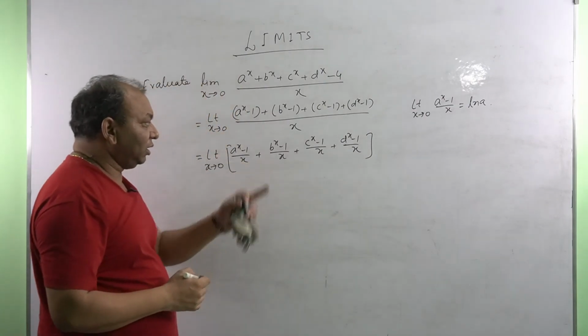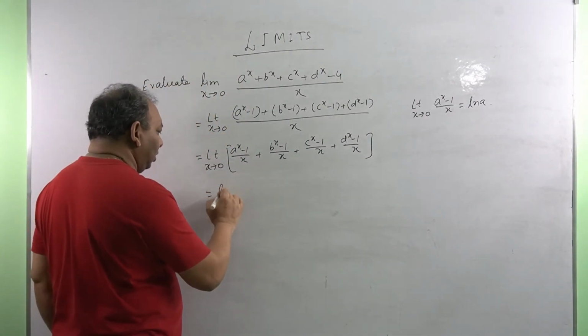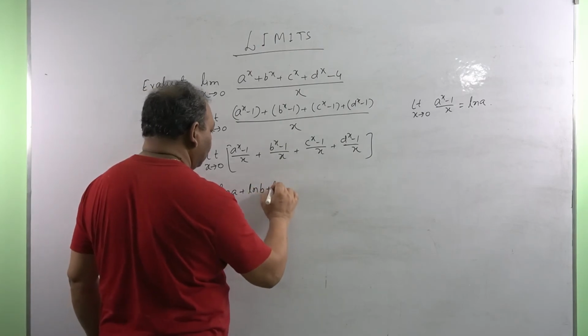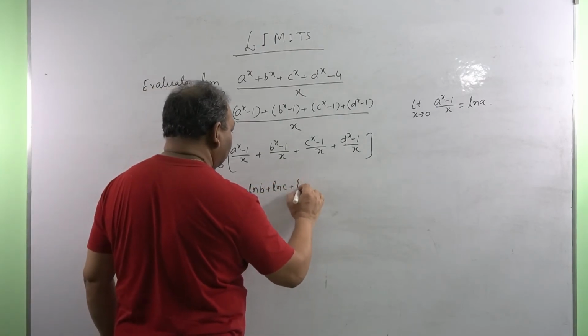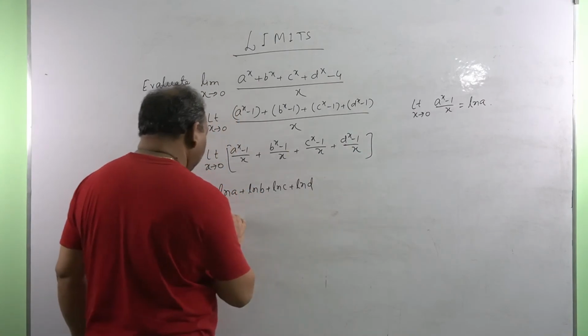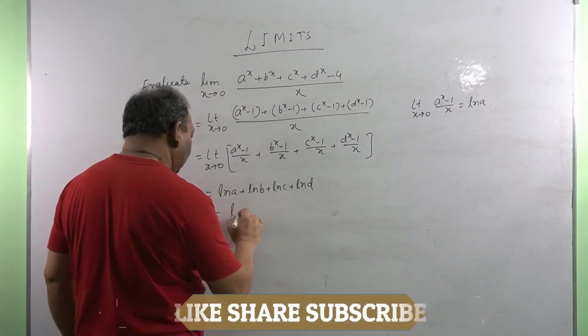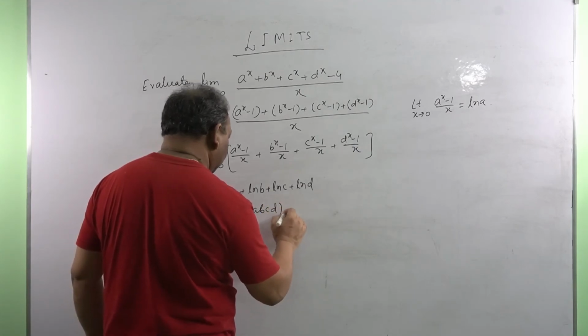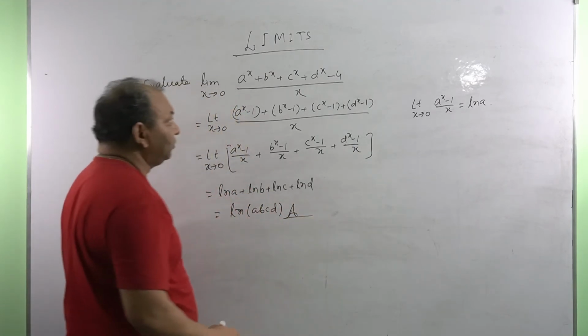Now here is the formula: ln a plus ln b plus ln c plus ln d. This is equal to ln abcd. This is the answer of this question.